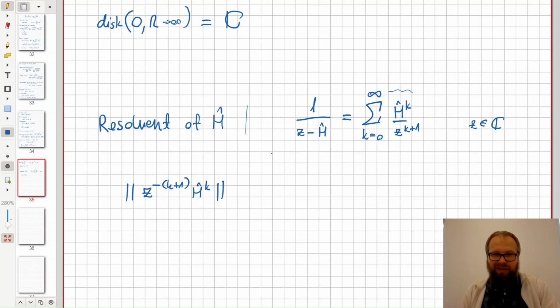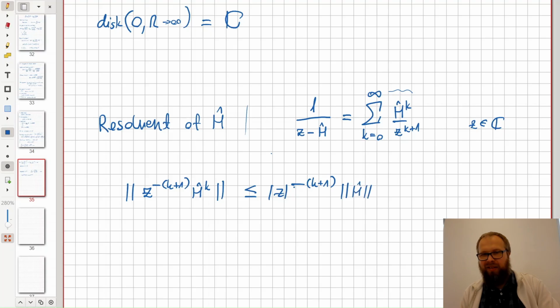If I didn't know about normal operators, I would bound it from above with |z|^(k+1) and ||H||^k. But actually, we now know that if H is a Hermitian operator, we can just write equality here. So the series of norms is already a good bounding series.